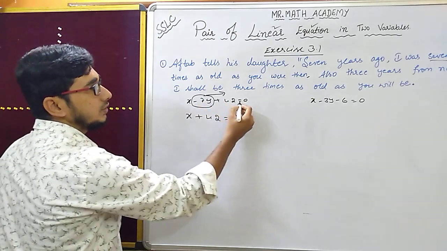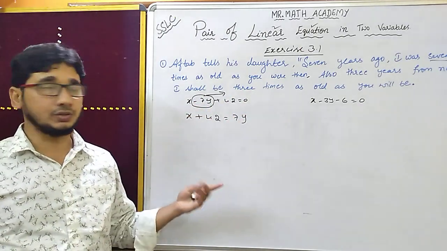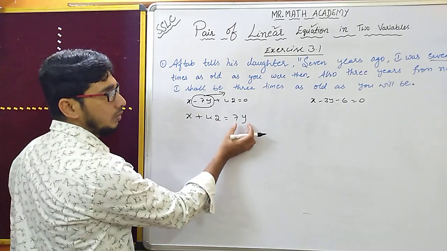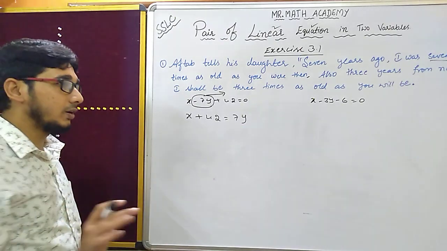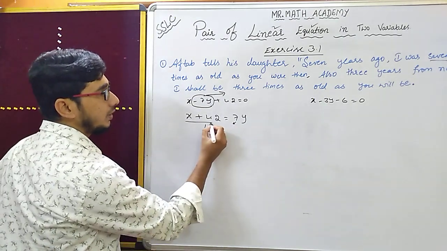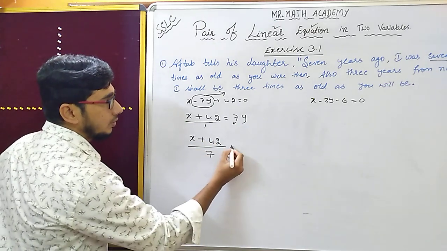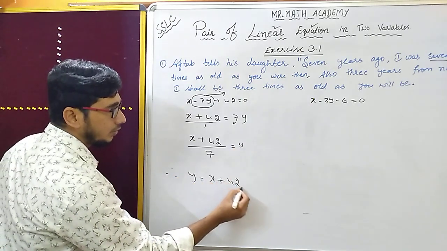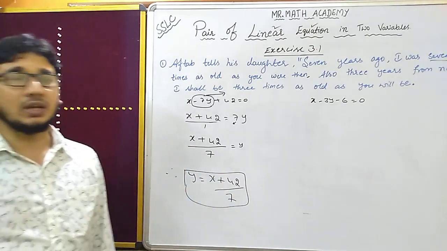The equals sign is the border; if a term crosses the border, the sign changes: minus becomes plus, plus becomes minus. Now with y, 7 is there, so always try to make y independent. So 7 we cross multiply to the denominator. It will become x plus 42 by 7 is equal to y. Therefore, you write y is equal to x plus 42 by 7. This is the standard equation; if you write like this, it is easy to calculate the points.